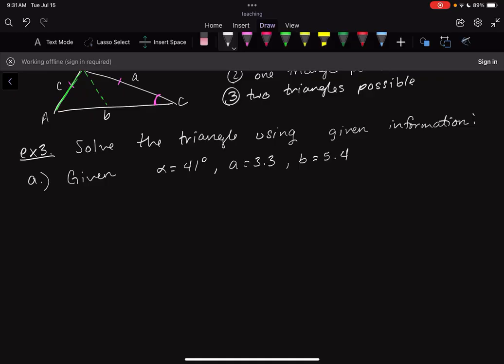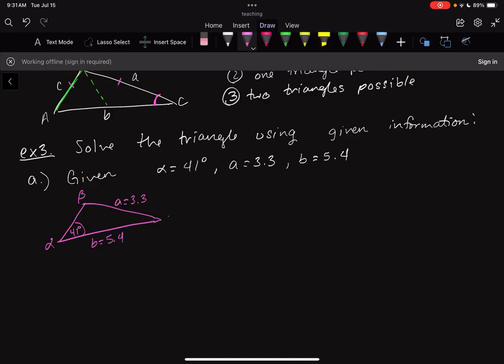And so I'm just going to draw this triangle out just how we normally did. I don't worry that much about the shape or anything like that. I just kind of draw it on there. So let's say alpha is 41. Let's put it over here. It's across from A, which is 3.3. B, I'll put down here. Let's say it's 5.4.